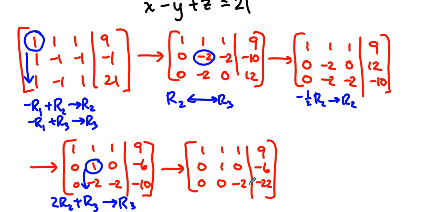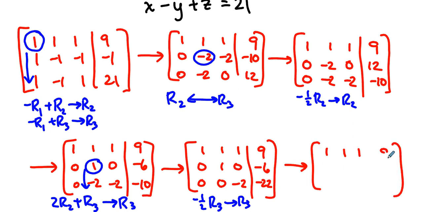Well, now we already know what z is, and we can confirm that. Row 1 remains the same. Row 2 remains the same. Row 3 is this. Now we know what z is. Now we know what y is.